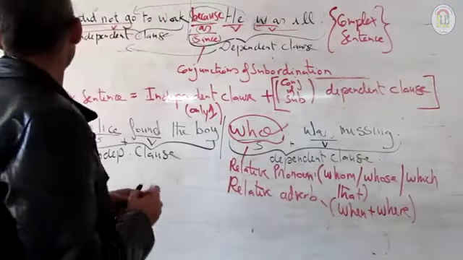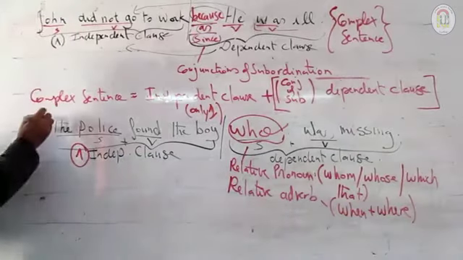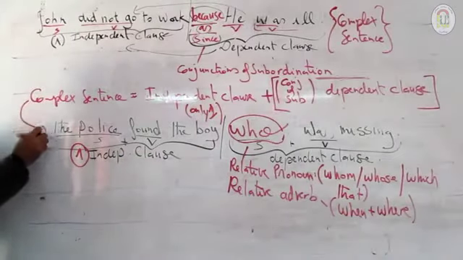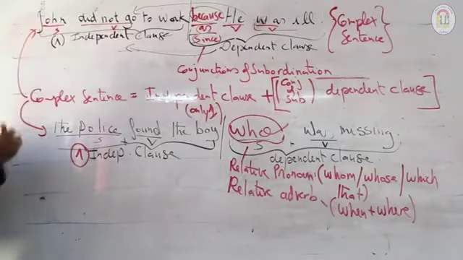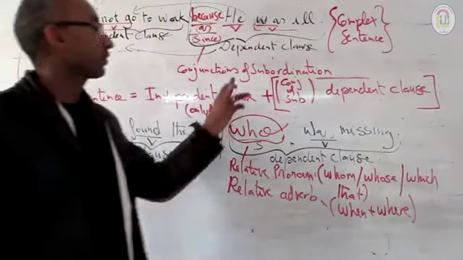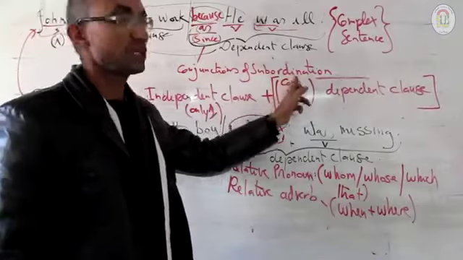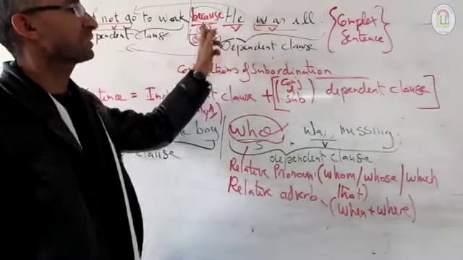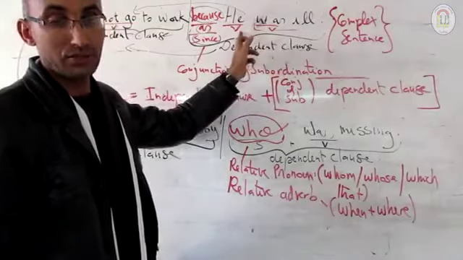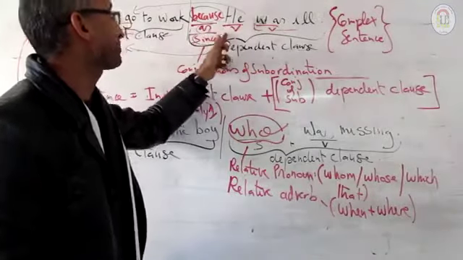So this sentence also is what? It's also a complex sentence. Okay, like the previous one. In the first one we used what? The conjunctions of subordination. They come at the beginning of the dependent clause and join it to one independent clause.